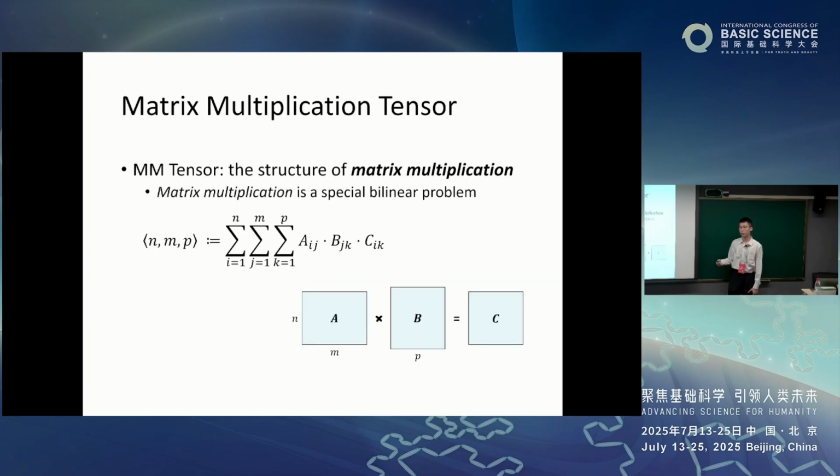Matrix multiplication is also a special type of bilinear problem, so we have a special class of tensors to describe their structures. These are called the matrix multiplication tensors and are written in this notation, ⟨n, m, p⟩ within angle brackets, and we say this is a matrix multiplication tensor of size n by m by p.